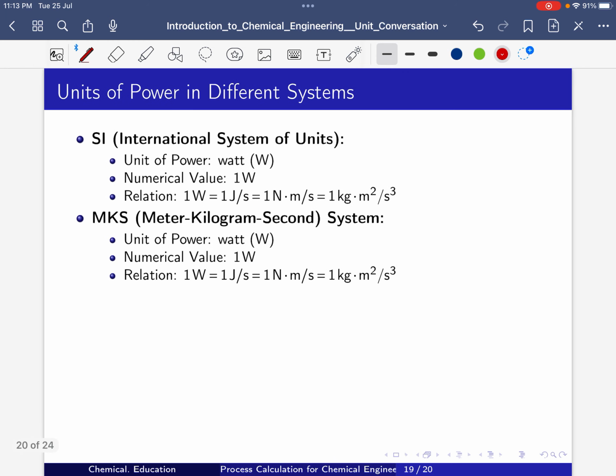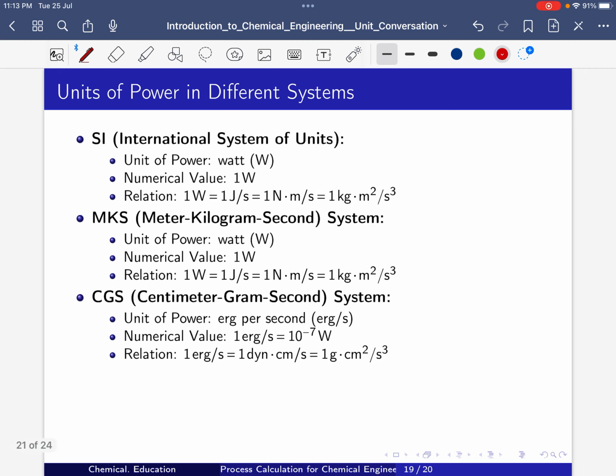The SI unit is watt, numerical value 1 watt, and MKS is the same thing. In CGS it is erg per second. So 1 erg per second is equal to 10 to the power minus 7 watt, which is 1 dyne centimeter per second, or 1 gram centimeter square per second cube.